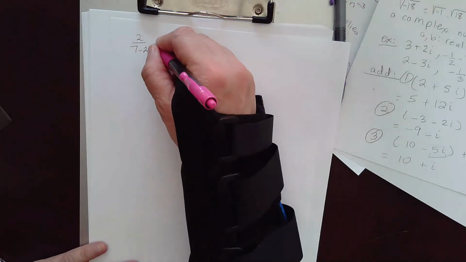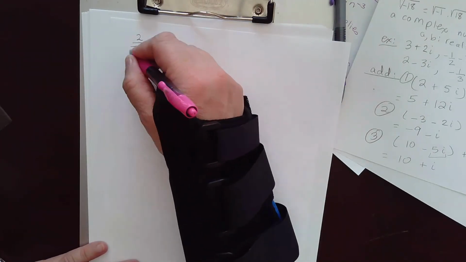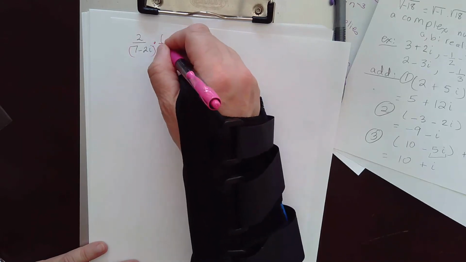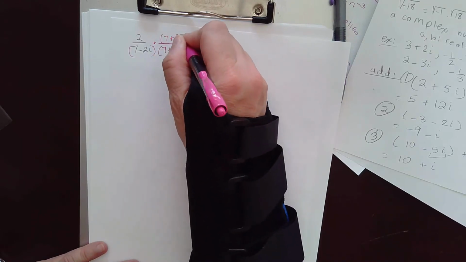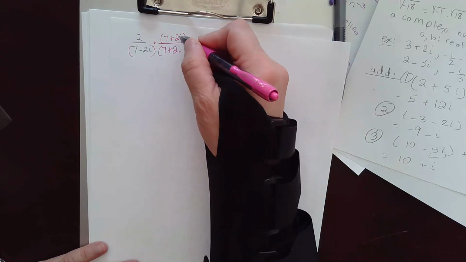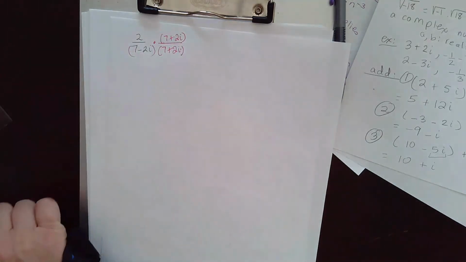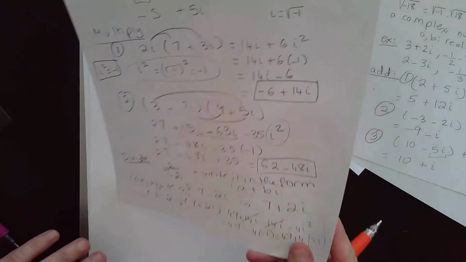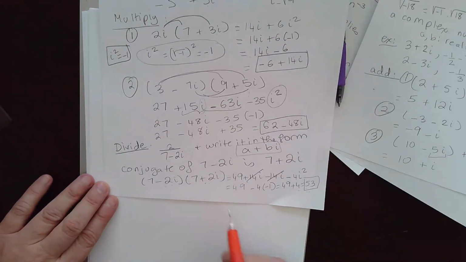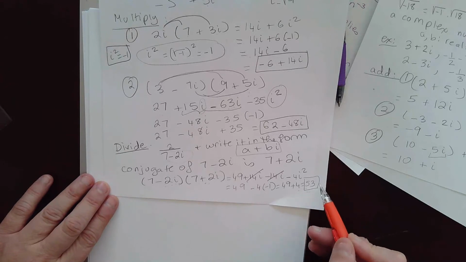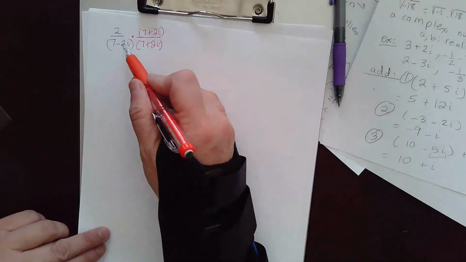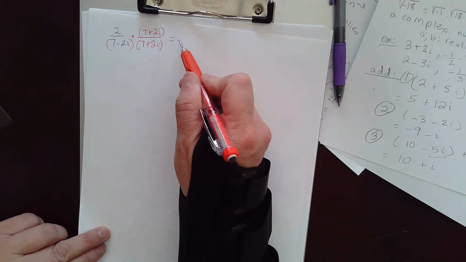So how do I do this? If I multiply the denominator by the conjugate, whatever I multiply by in the denominator, I have to multiply by in the numerator. Remember that? 7 minus 2i times 7 plus 2i. I just multiply them. What did I get? I got 53. And that will be in the denominator.